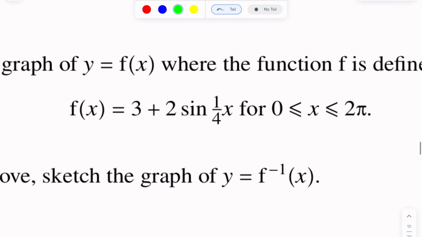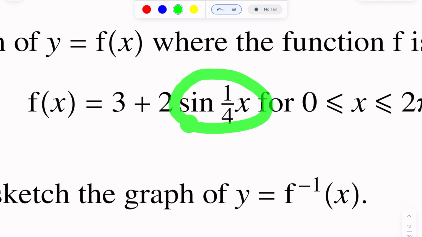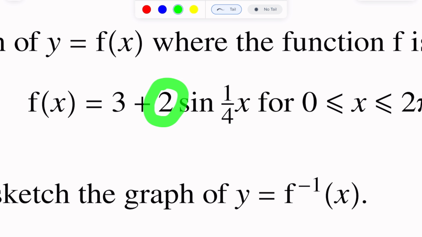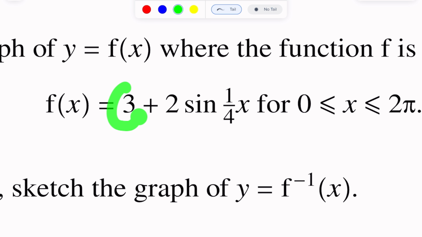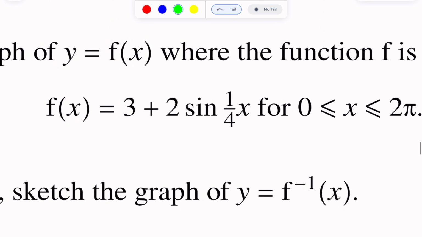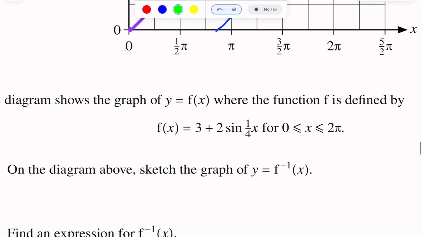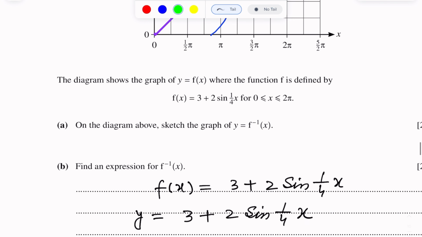This 2, the multiple of the function sin x, shows the stretch along the y-axis. This 3 shows the vertical translation, and this multiple of the angle, that is 1 over 4, shows a stretch along the x-axis.